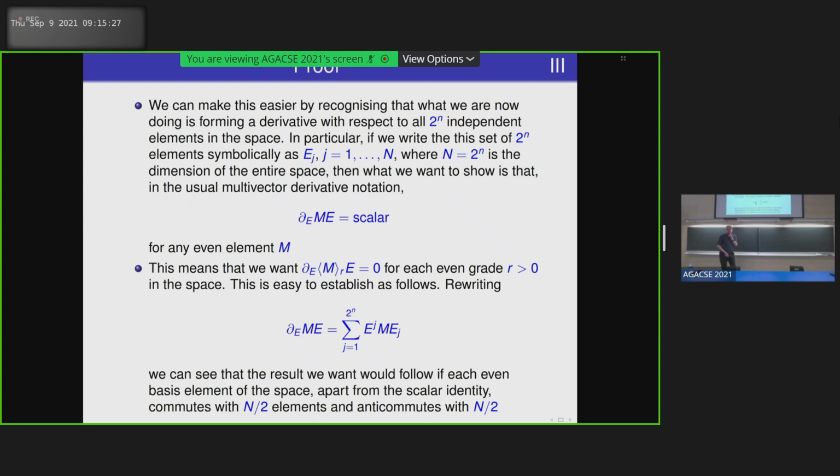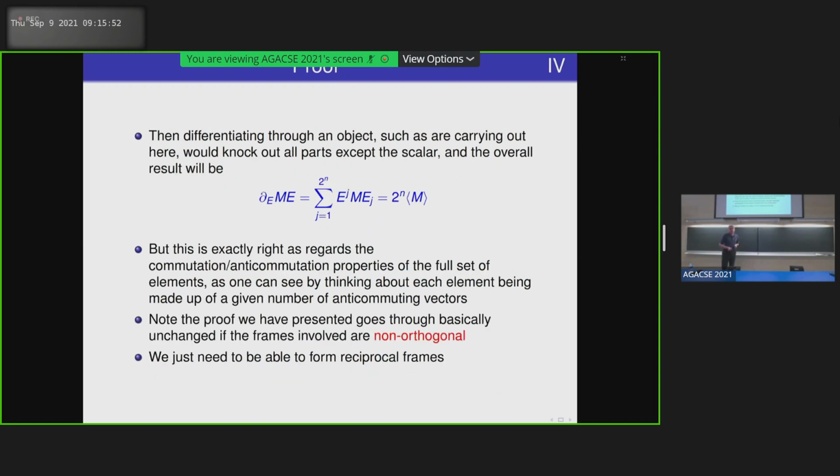It's basically going to be the sum from 1 to 2 to the n of e^J, reciprocal frame, M e_J. So what we want will follow if each even basis element of the space, apart from the scalar identity, commutes with n over 2 elements and anticommutes with n over 2, because then everything will cancel out in pairs. Okay.